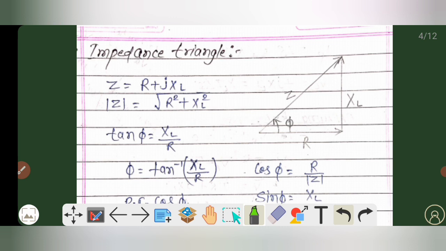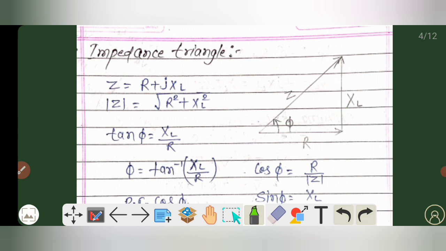Now my dear friends, as we know, VR is on the reference, and VR is equal to I into R. So we take R from here, and in case of the inductor, this was VL, and VL is, as we know, plus jI into XL. So we will take XL from here.